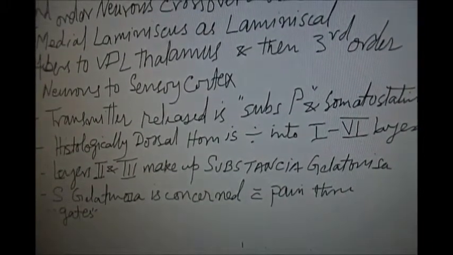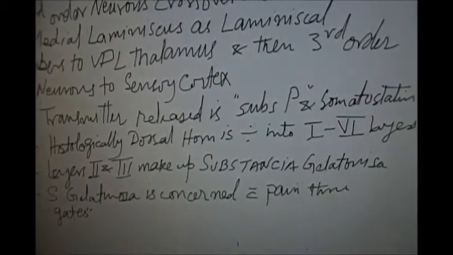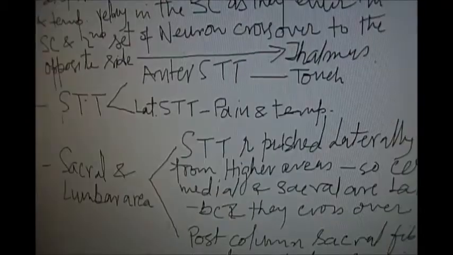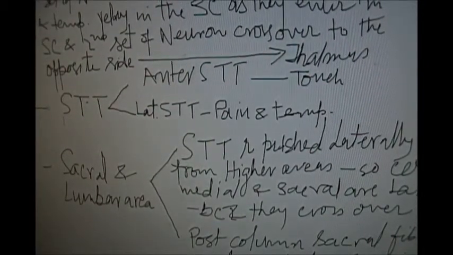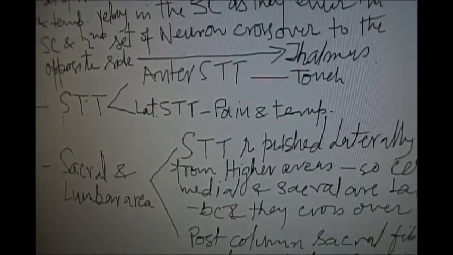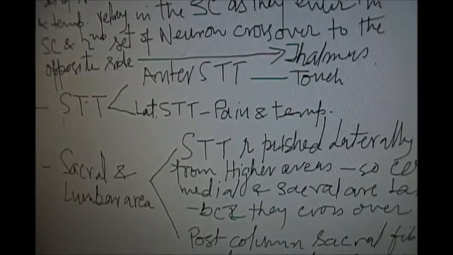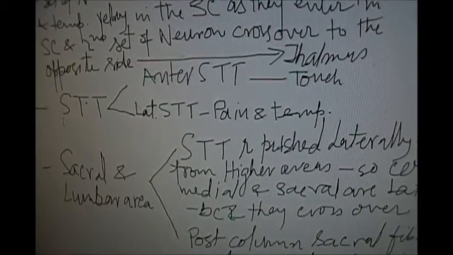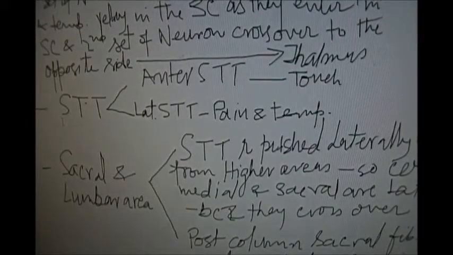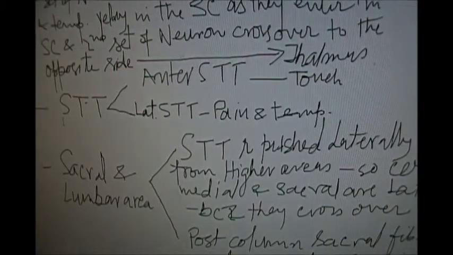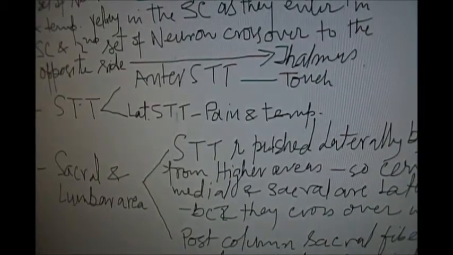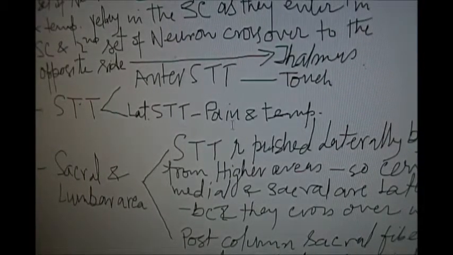The transmitters released are substance P and somatostatin, and they travel to the spinothalamic tract. There are two types of spinothalamic tract: the anterior spinothalamic tract and the lateral spinothalamic tract. The anterior spinothalamic tract carries crude touch and firm pressure sensation, and the lateral spinothalamic tract carries the pain and temperature fibers.